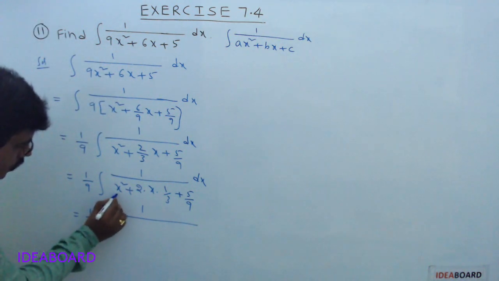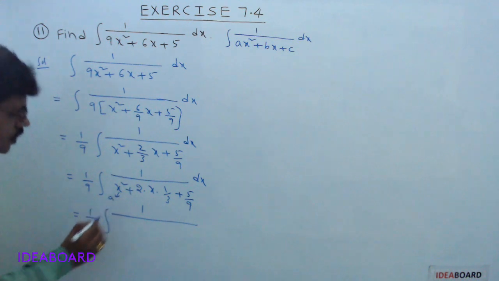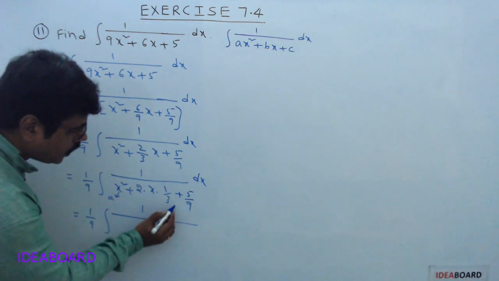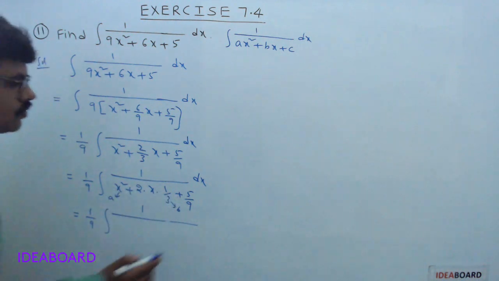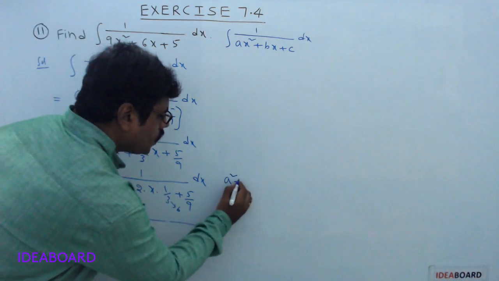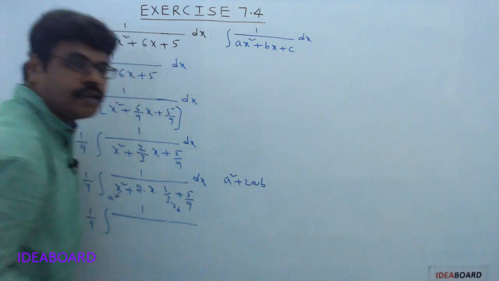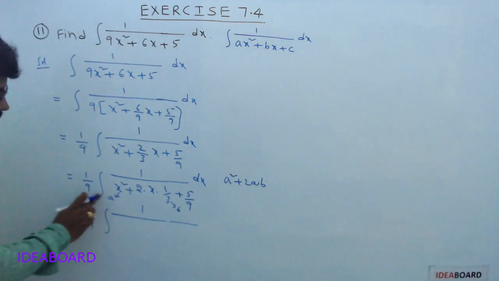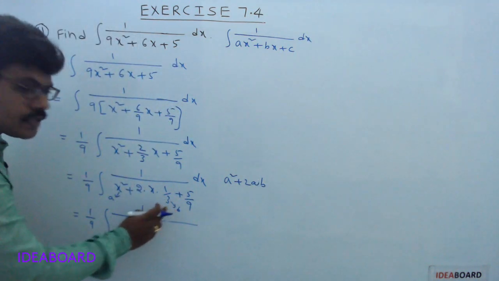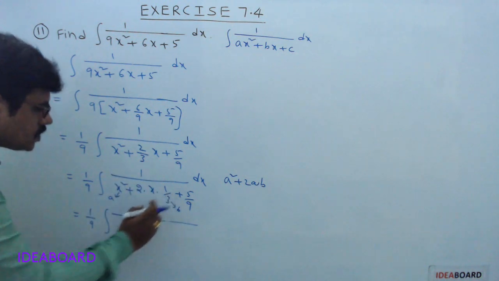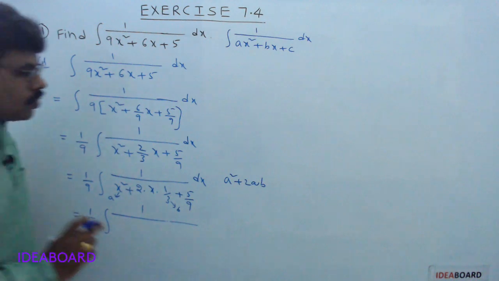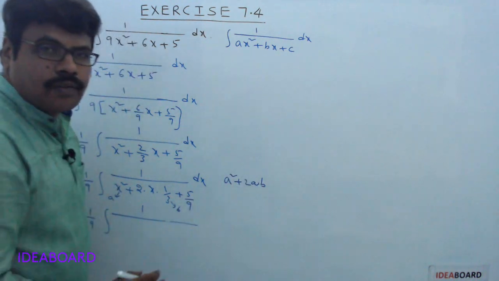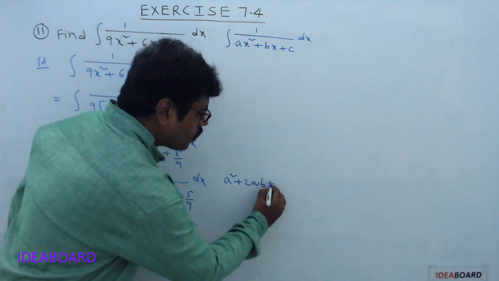Now this is equal to 1 by 9 into integral 1 divided by, suppose if you consider this x as a and this 1 by 3 as b, this expression is of the form a square plus 2ab. To make this expression a perfect square, we need one more term.